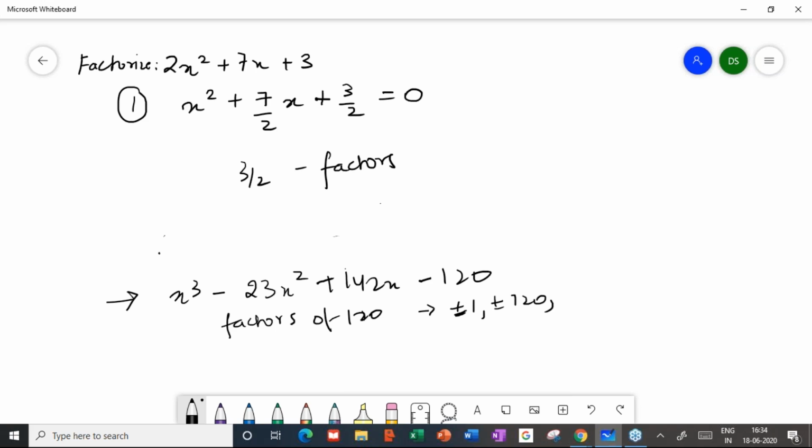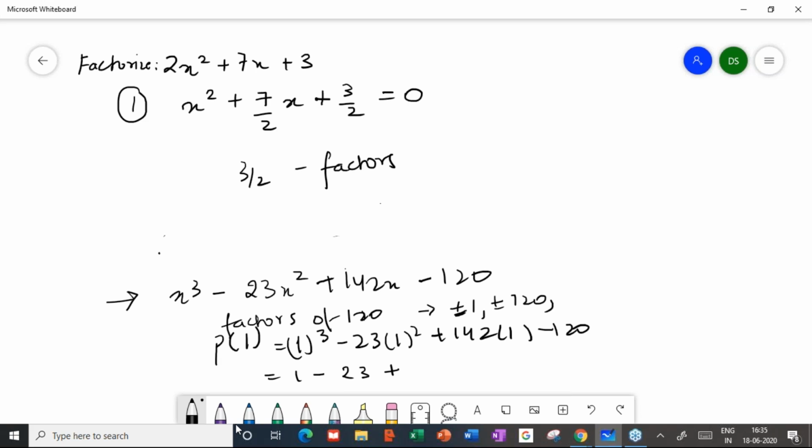Okay, so first you find the factors like this and then you try putting one of them. Here if I put p of 1, it will be 1 cube minus 23 times 1 square plus 142 times 1 minus 120. So it will be 1 minus 23 plus 142 minus 120.